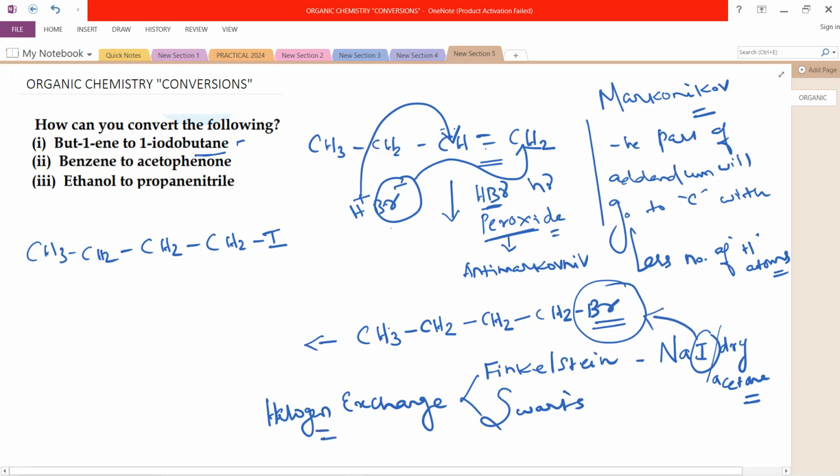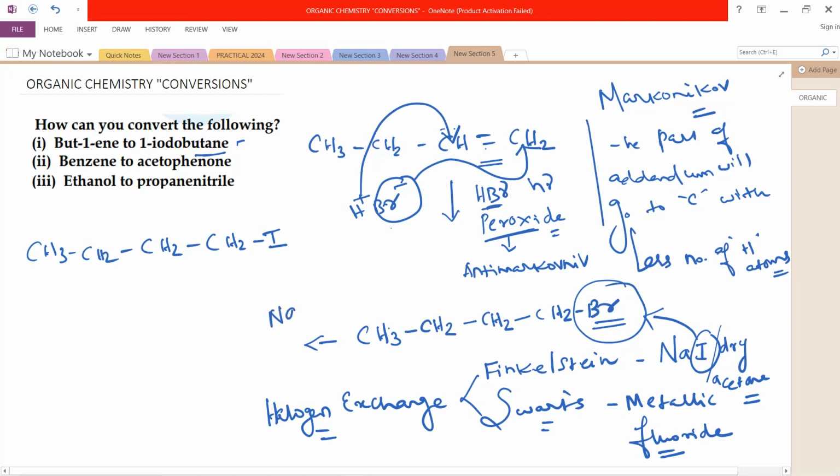That is why it is called a halogen exchange reaction. In Swarts reaction, metallic fluoride is used. So it is a fluorine exchange reaction. Now what we have to do? We have to get iodine here. So let us go for Finkelstein reaction.